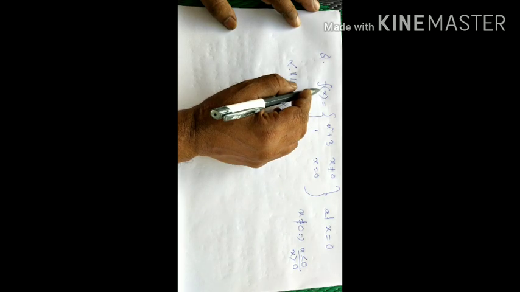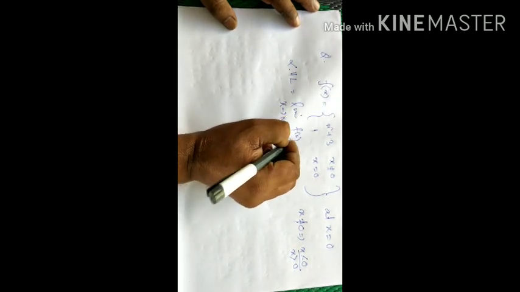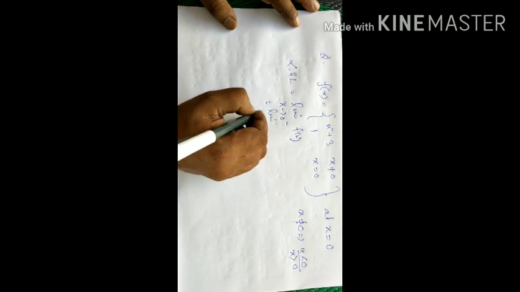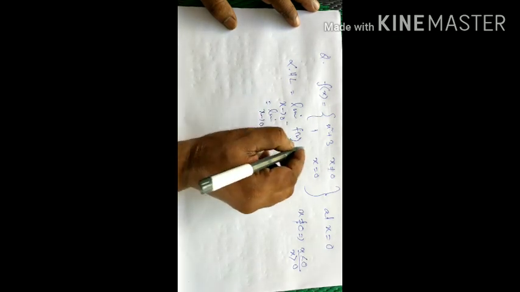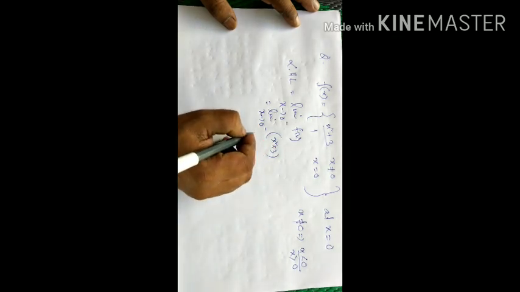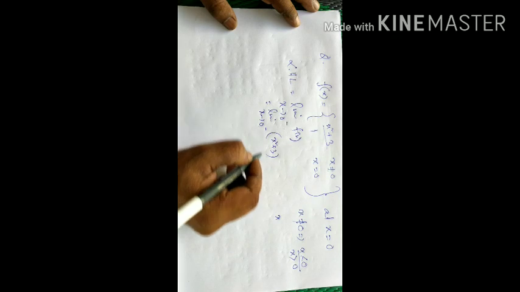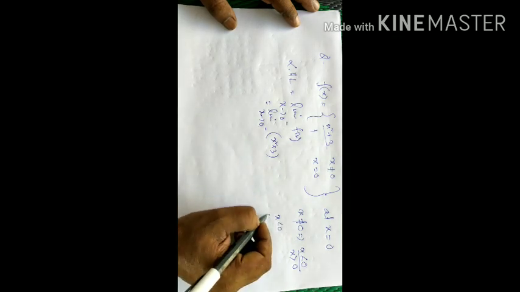So your function value will be what? What is the function? f(x) is equal to x square plus 3.